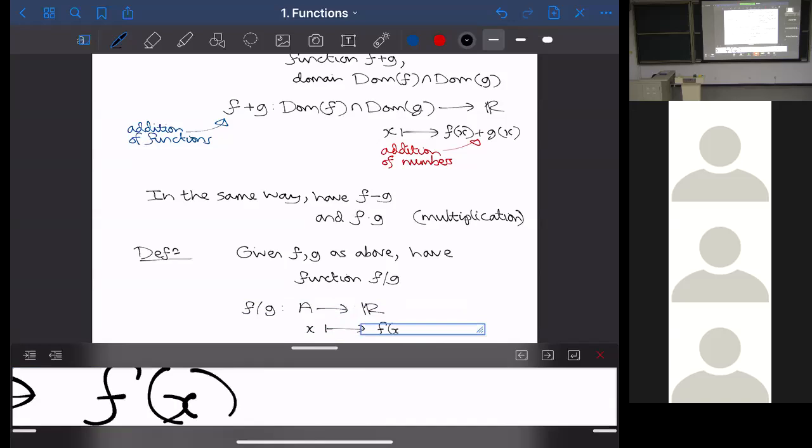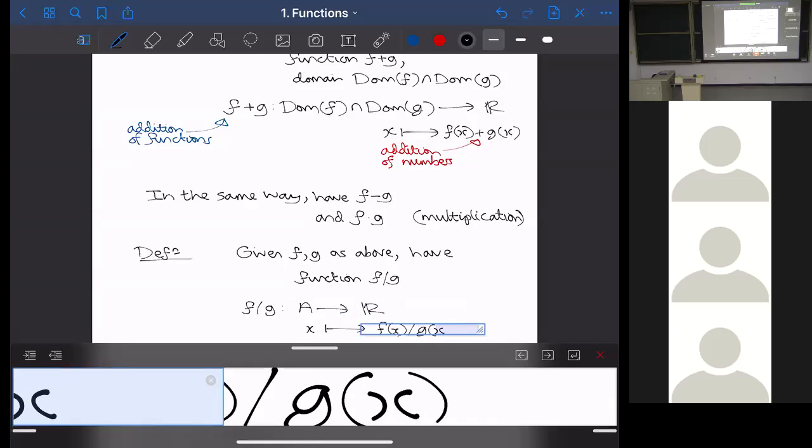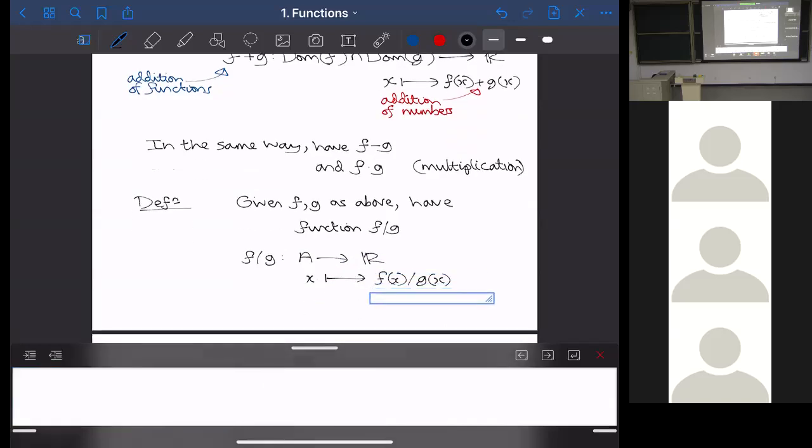But I define the value by this formula, the value of F at X over the value of G of X.